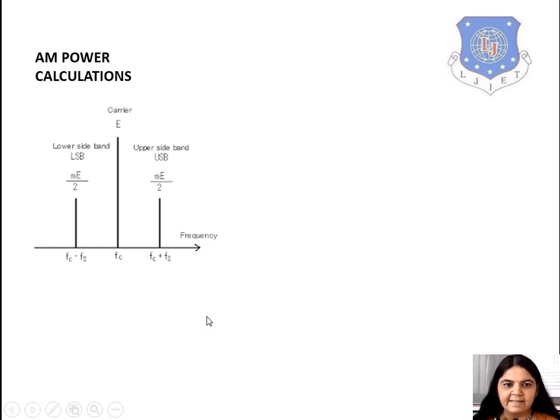An AM signal has three components: the carrier, the lower sideband and the upper sideband. So the transmitted power required is the total of the power transmitted for the carrier, the power required for the lower sideband, and the power required for the upper sideband.